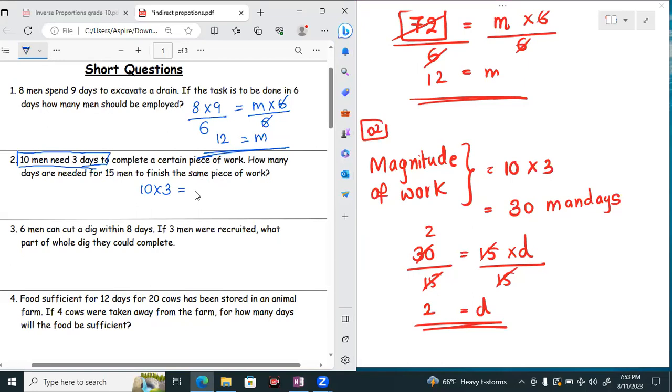Then it equals number of men, 15 times D. Then divide both sides by 15 to remove this 15. Then 10 into 3 is 30. Or you can simplify it like this. Then D equals 2.